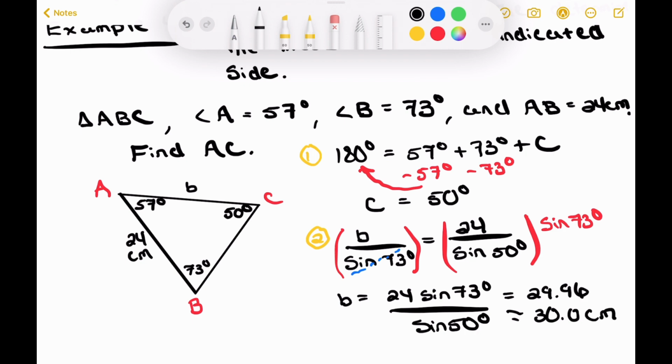And as we've stated before, when we're looking at side lengths that connect two vertices, in this case we're looking for AC, which is this line here, it's symbolized by b, so we can rewrite this solution as AC.